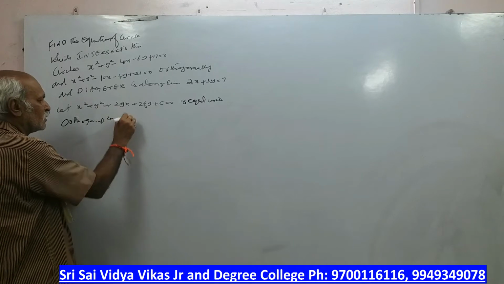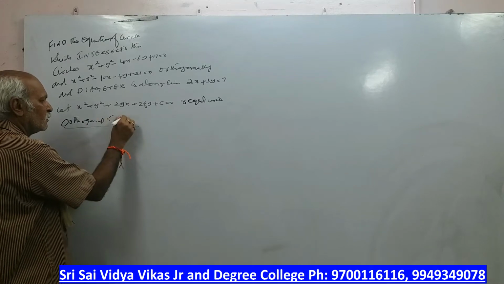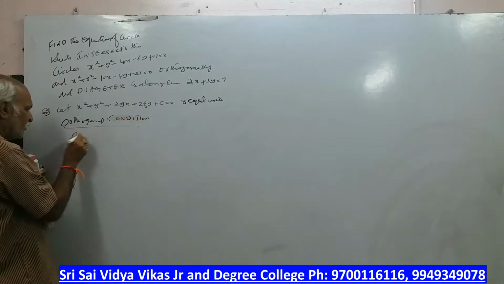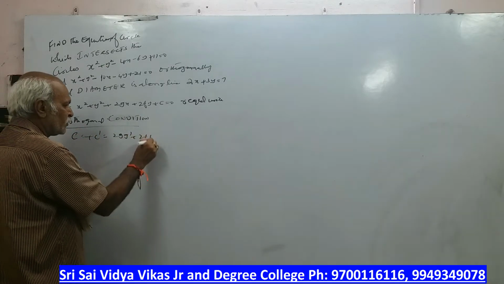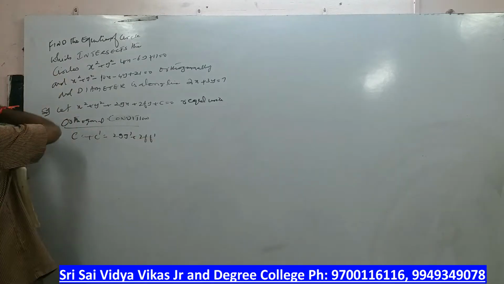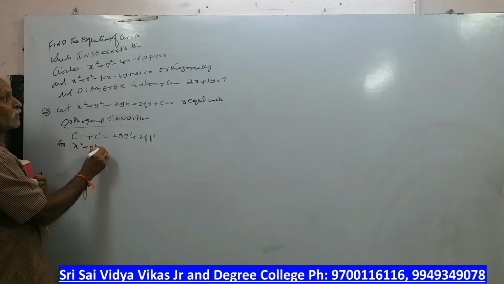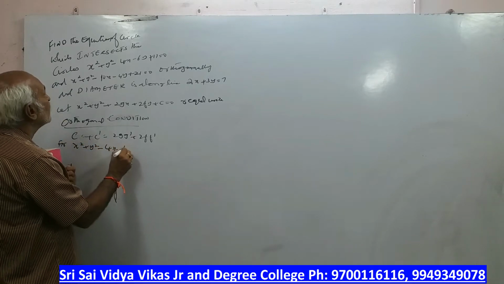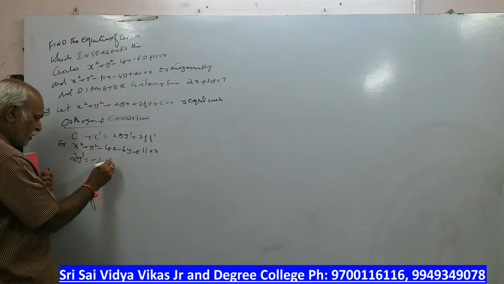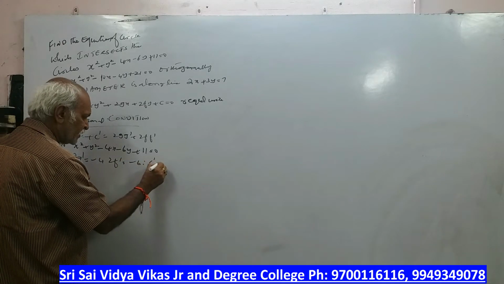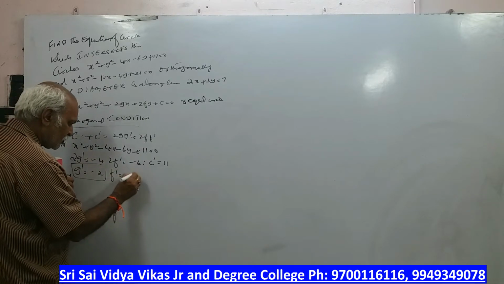Orthogonal condition is c plus c dash is equal to 2gg dash plus 2ff dash. Right? Now for x square plus y square minus 4x minus 6y minus 11 is equal to 0, 2g dash is equal to minus 4, 2f dash is equal to minus 6, c dash is minus 11. So g dash is minus 2, f dash is minus 3.